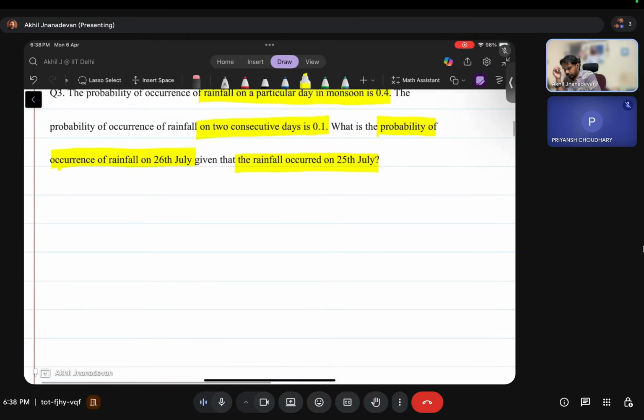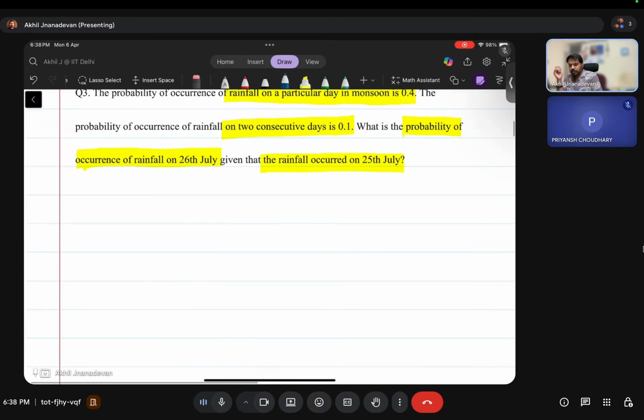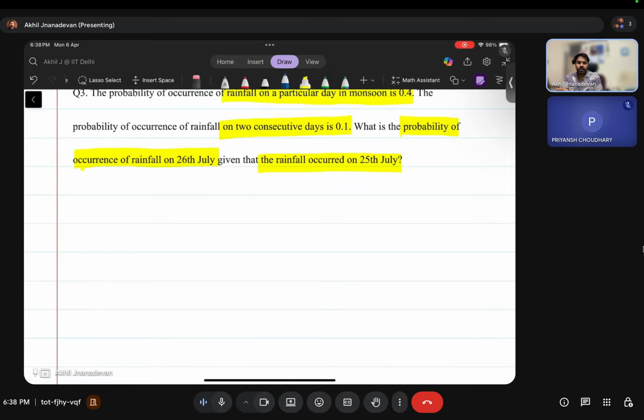So here we can start by defining the events. If the events are clear, then it is very much straightforward.